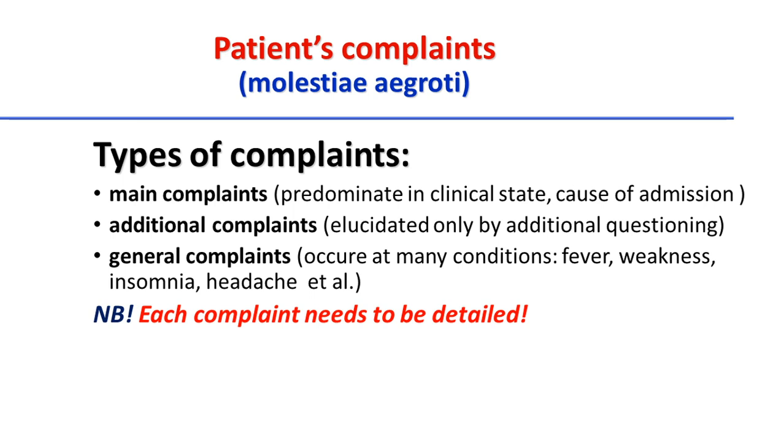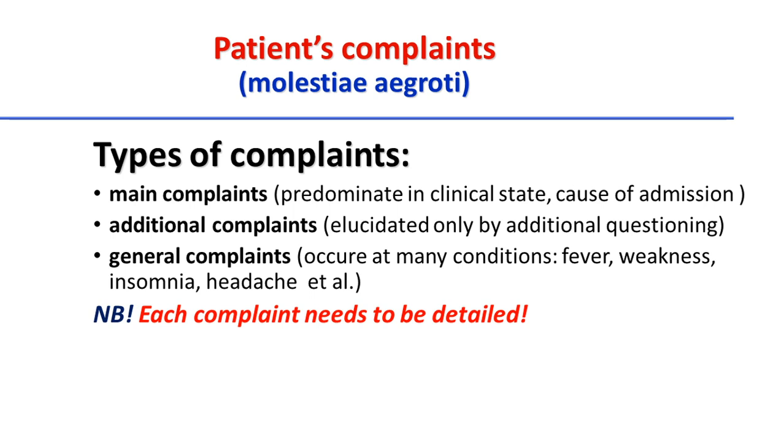Additional complaint. For example, your patient has pneumonia, his main complaint is a cough with production of sputum, and also he has constipation, which is not related to the pneumonia. That will be an additional complaint. General complaints. Mostly general complaints represent an intoxication syndrome.